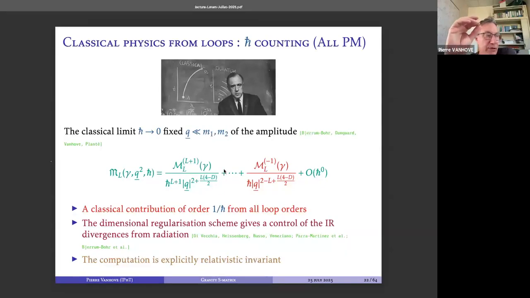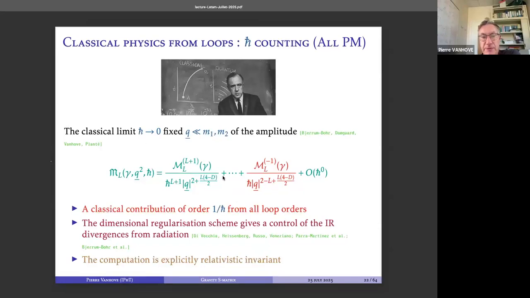But still, I have the question of infrared divergences. So the fact is that classically, even for a classical field, you have your massless field that propagates over long distances, and then you have to treat the question of these classical infrared divergences.